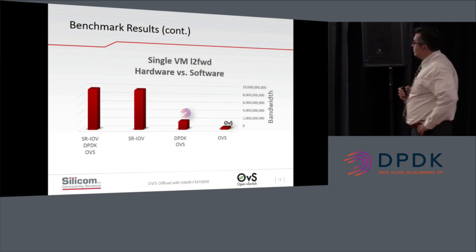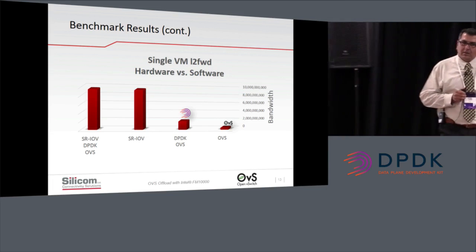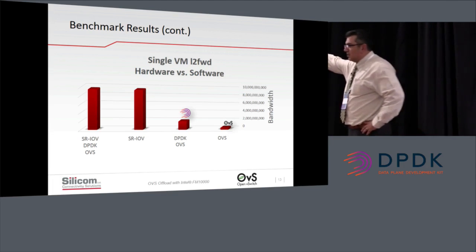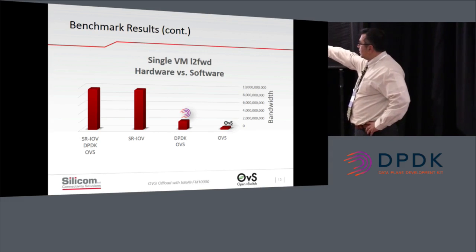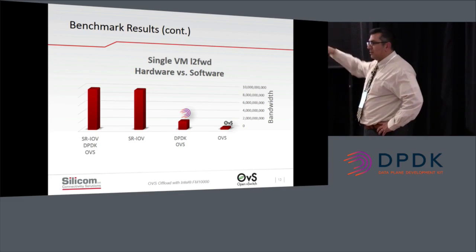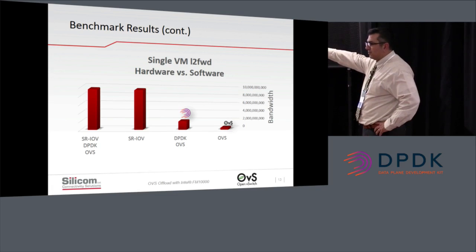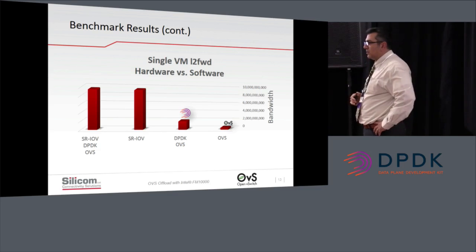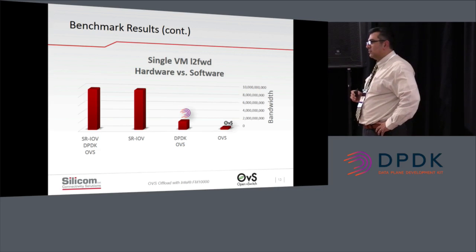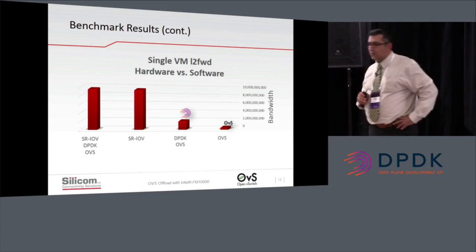Between the first bar and the third bar, the first from the left and the third from the left. Why is the SR-IOV DPDK OVS so much more performant than the DPDK OVS?